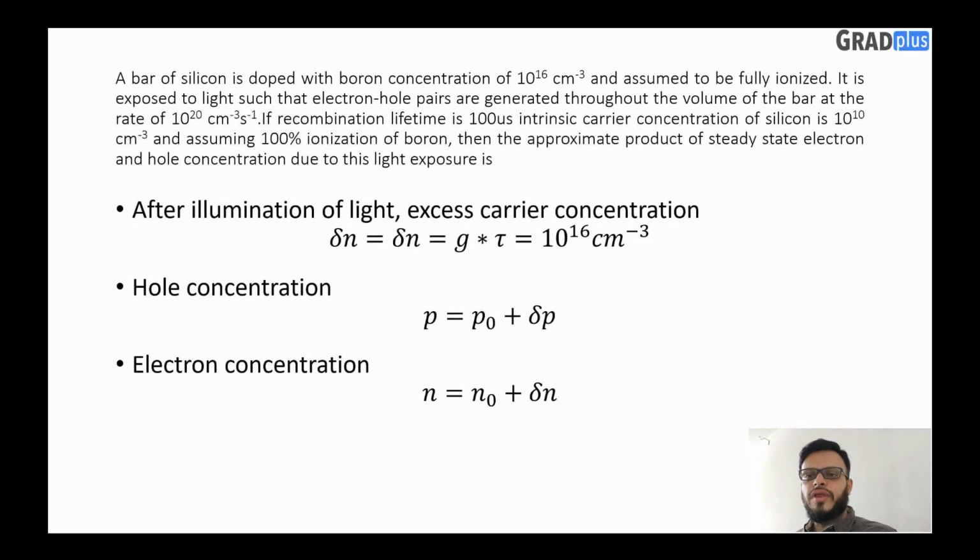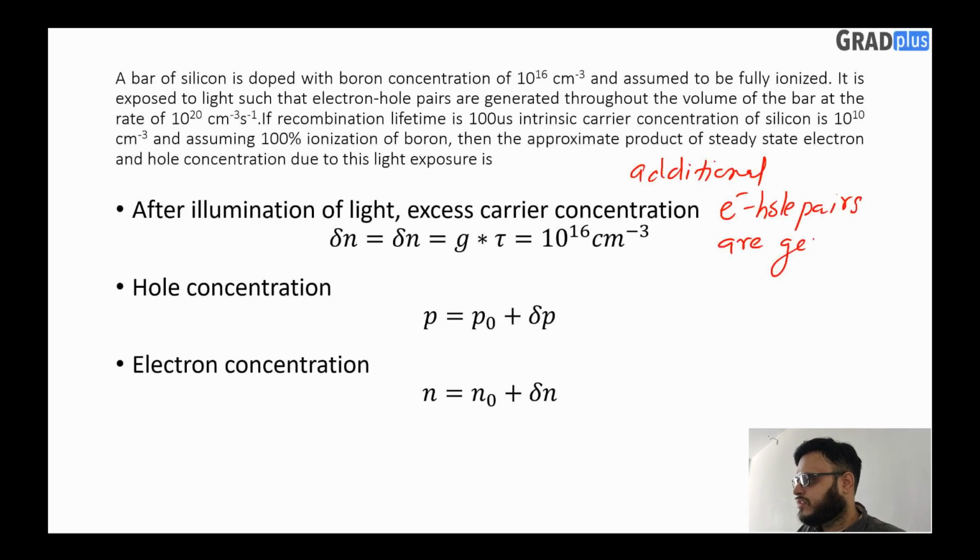Now once we illuminate, that is, we expose our surface to light, some additional electron hole pairs are generated. These pairs are electron hole pairs generated due to exposure to light or whatever energy we are acquiring.